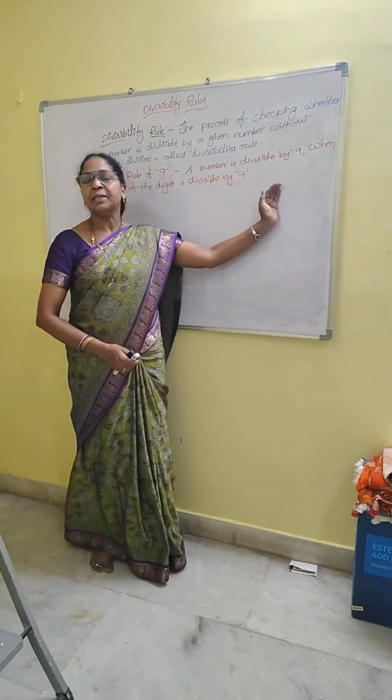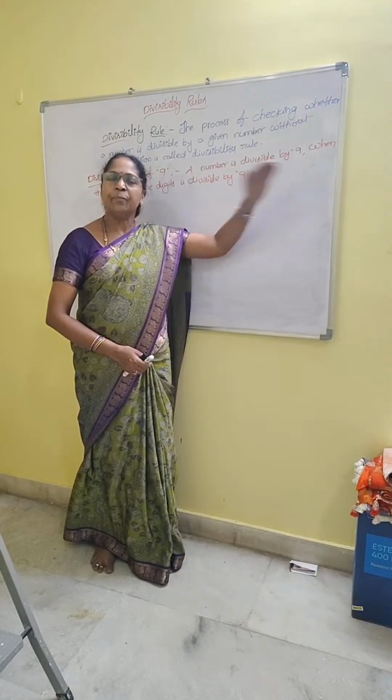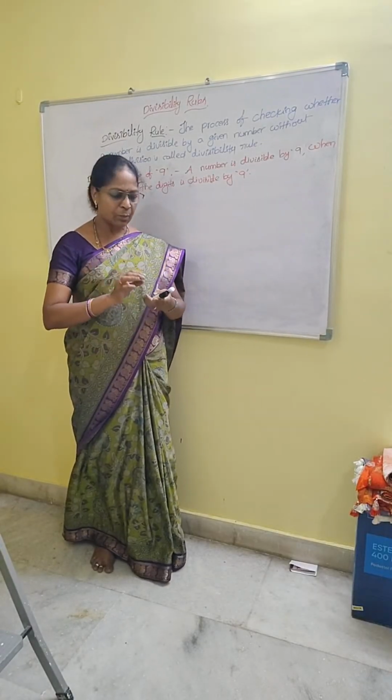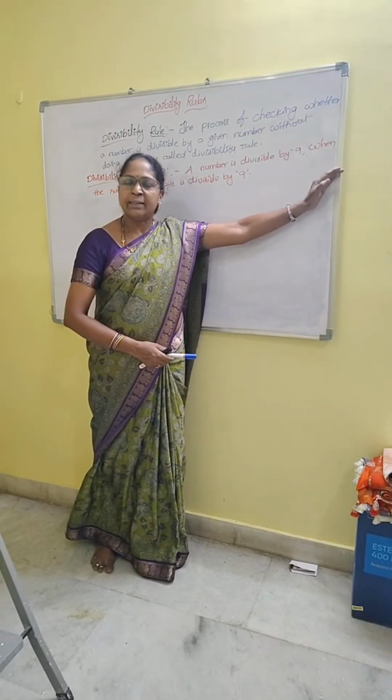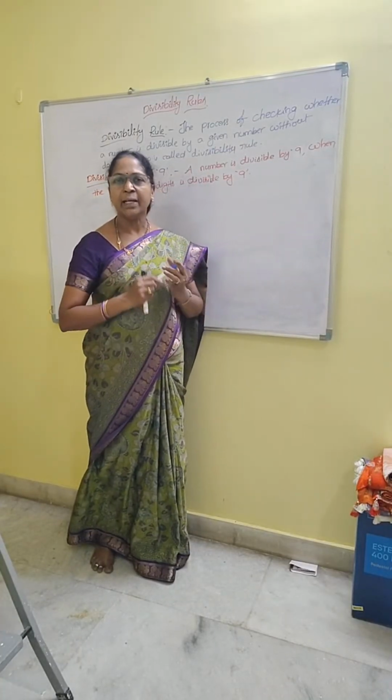If the sum of the digits is divisible by 9, then only the given number is divisible by 9. Or a number is divisible by 9 when the sum of the digits is divisible by 9.